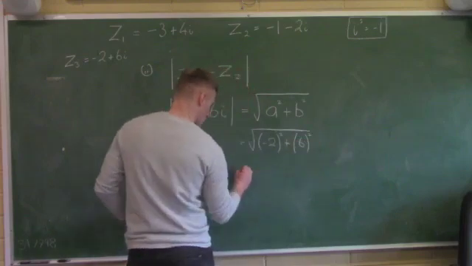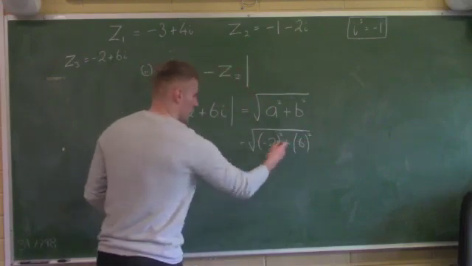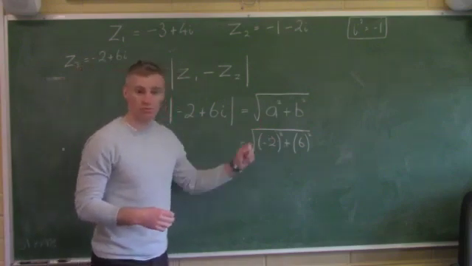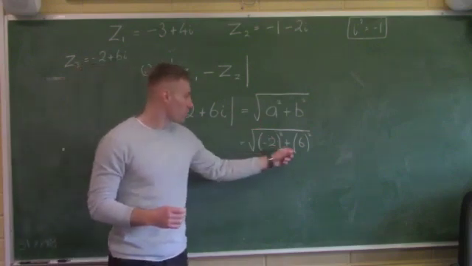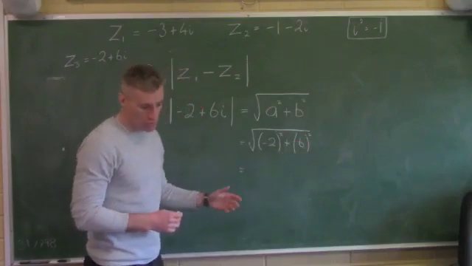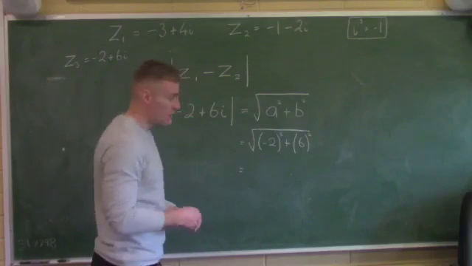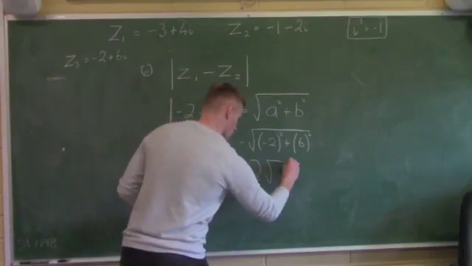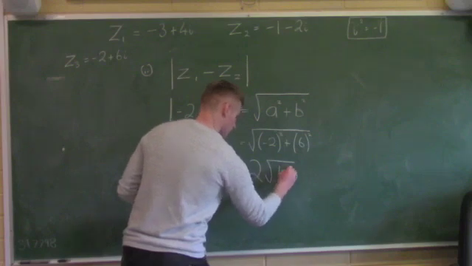Okay, now we can calculate separately, doing minus 2 squared, we'll get 4, plus 6 squared. 6 squared is 36. Or we could just put all this into our calculator and it'll simplify it for us to 2 root 10.